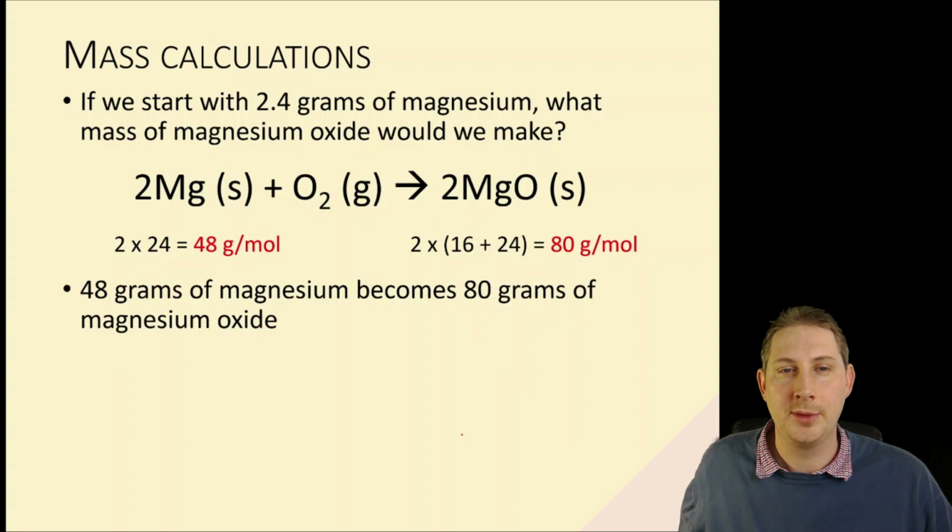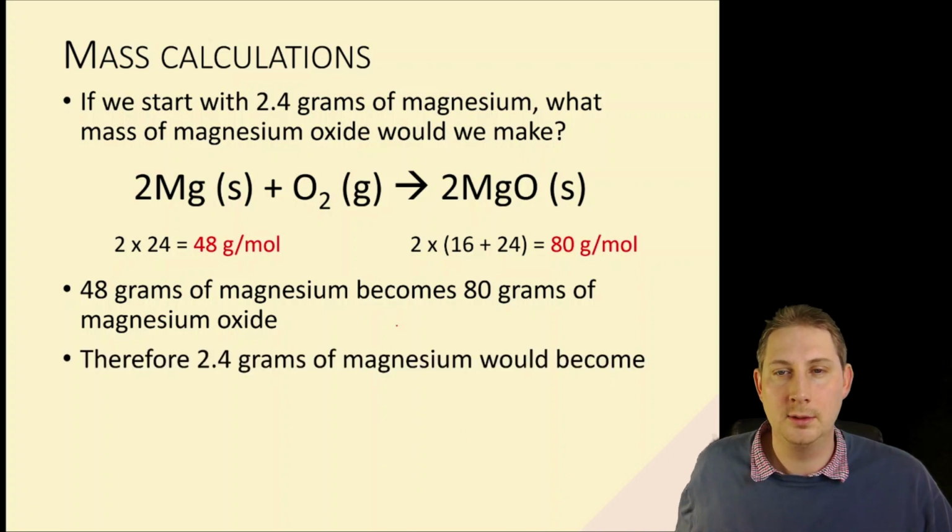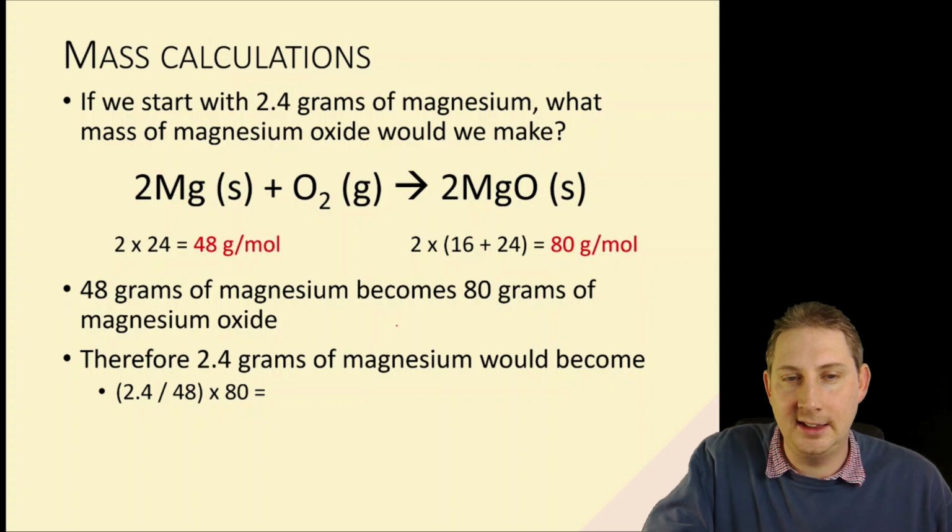Well, if 48 grams of magnesium becomes 80 grams of magnesium oxide and 24 grams became 40 grams, what would we expect 2.4 grams to be? 2.4 grams of magnesium would become 2.4 over 48 times by 80.